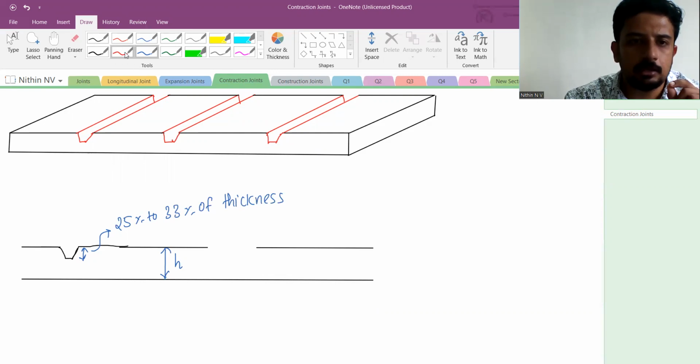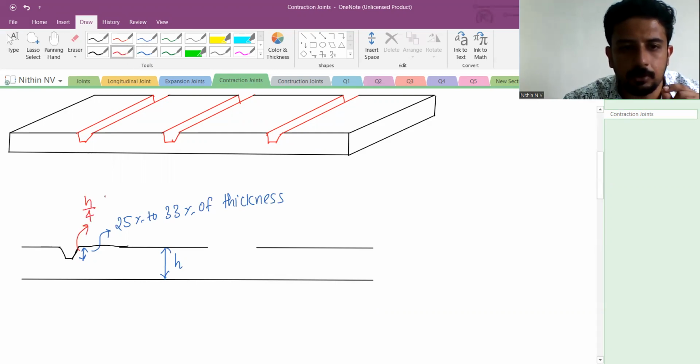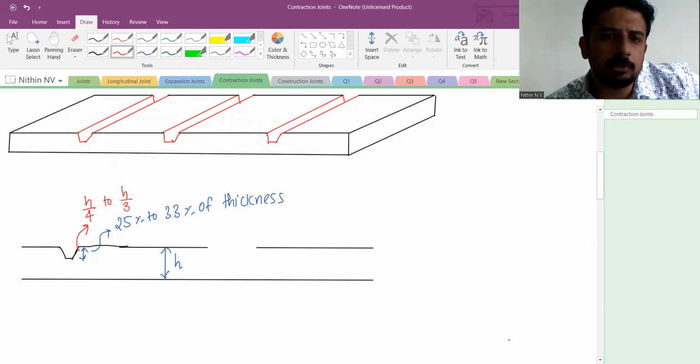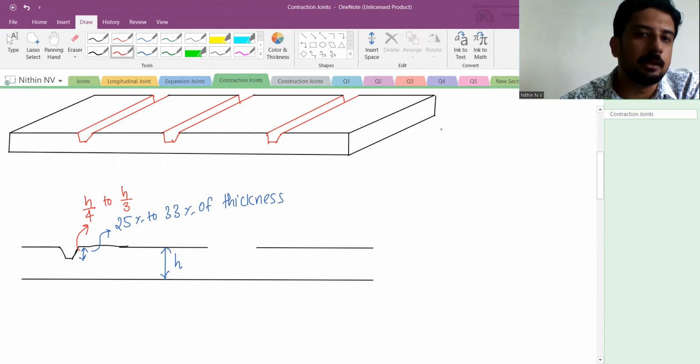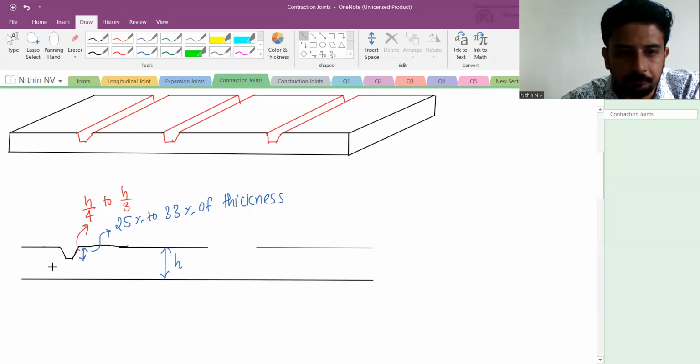Or I can say this value will be h by 4 to h by 3. H by 3 means 33.33, approximately 33. Right or not? So h by 4 to h by 3. Not even till the middle, because at the middle portion, we need to keep another dowel bar.